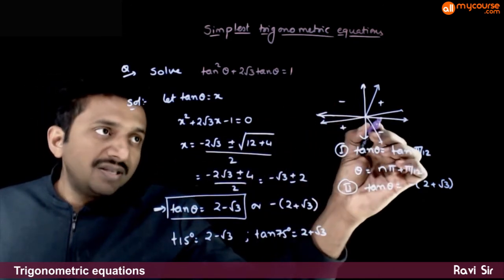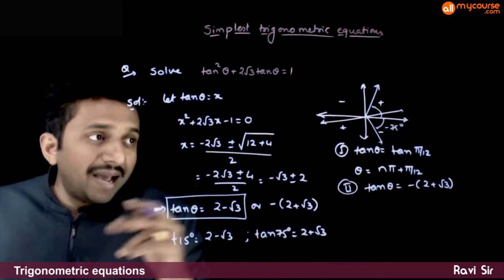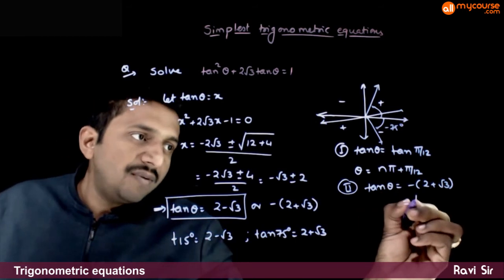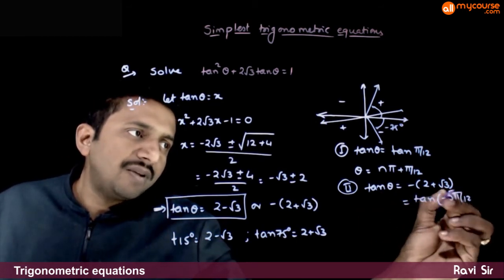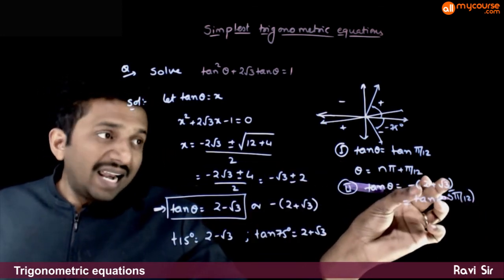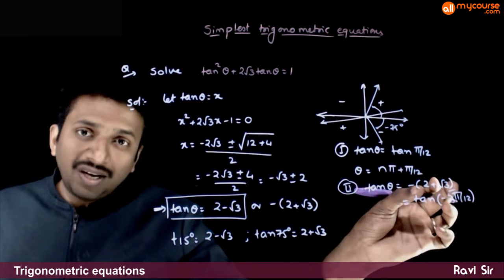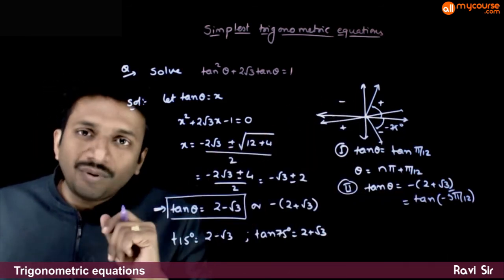So the allied position, this is 75 degrees, so the allied position will be minus 75 degrees, minus of 5 pi by 12. That is equal to tan of minus 5 pi by 12. So minus of 2 plus root 3 is the allied angle for 2 plus root 3 in the fourth or second quadrants. I'm taking an angle in the fourth quadrant.